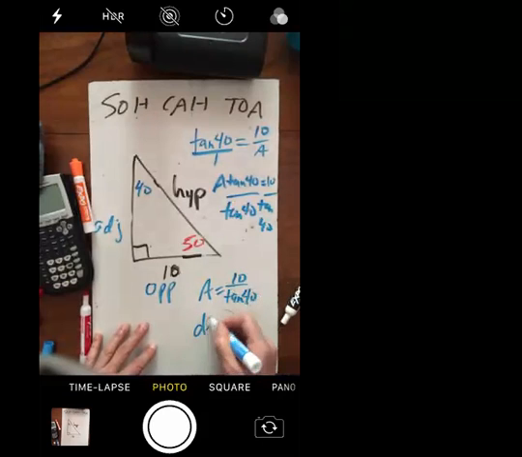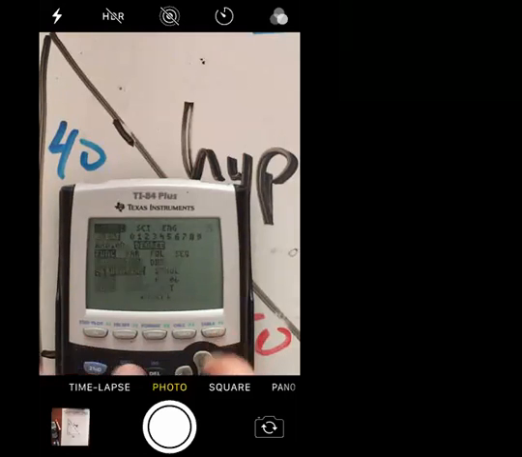Make sure that your calculator is in degree mode. So to make sure of that, I can hit mode and then make sure that I already have degree highlighted, hit enter on degree.